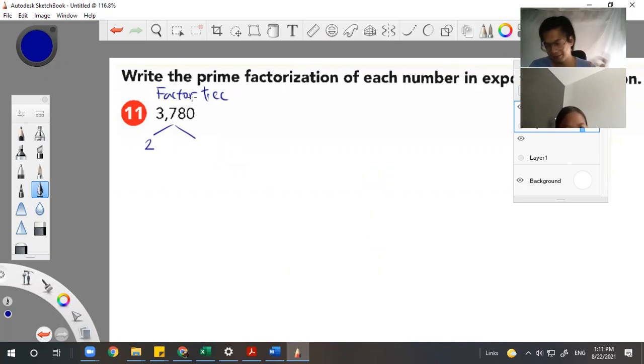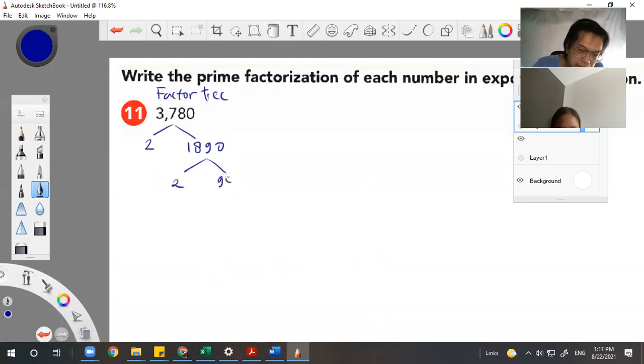That's right. So 3780 divided by 2, you can put on the right side. That's how I do. What's your answer? 1890. Okay, now we can divide further by 2, right?